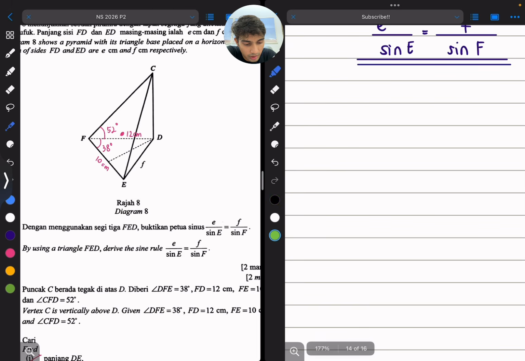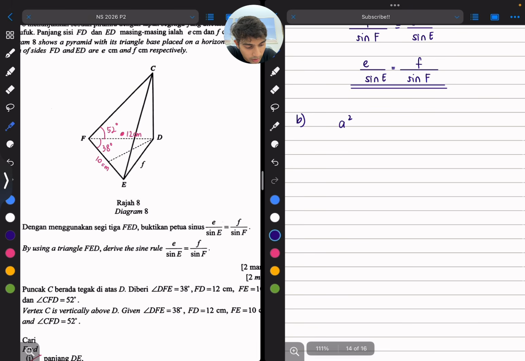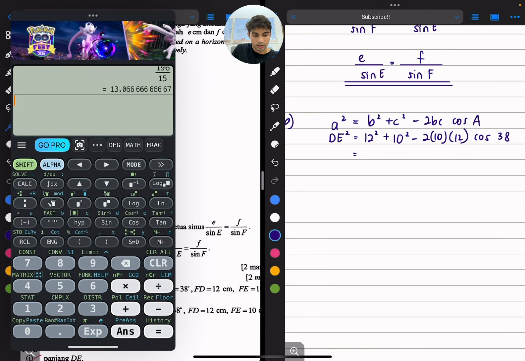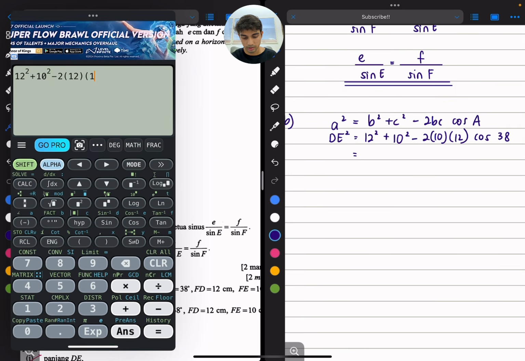So the cosine rule is a square equals b square plus c square minus 2bc cos A. So the angle A is here, so the length a would be this. So you can say DE square is 12 square plus 10 square minus 2 times 12 times 10 times cos 38.